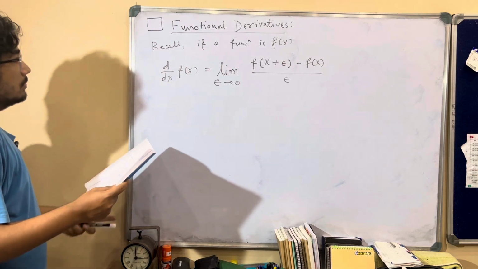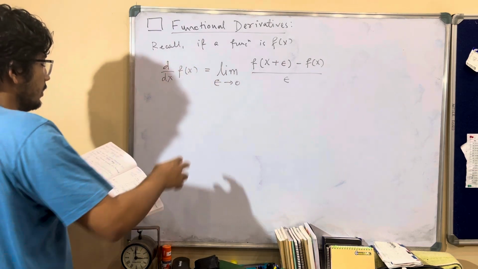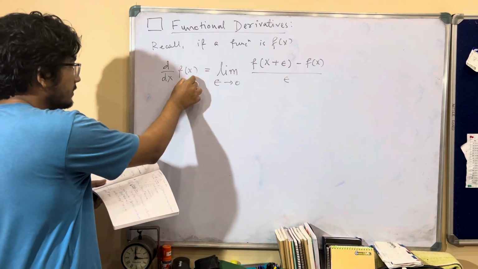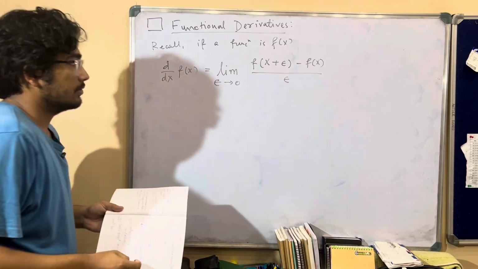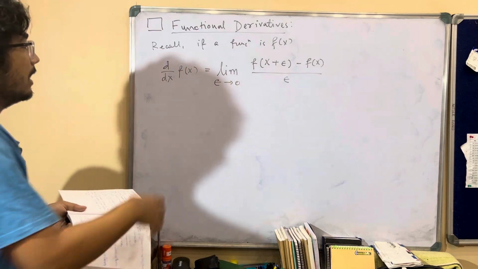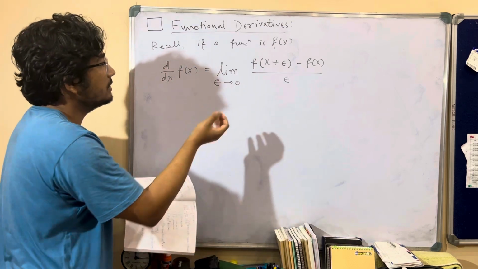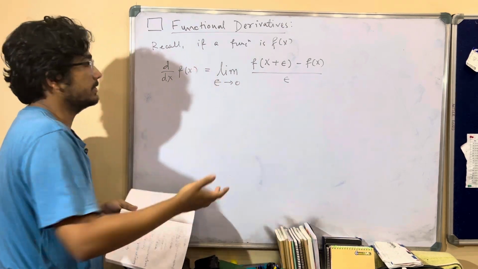So this tells you how the number returned by this function changes if I slightly change x. That is, how the output changes if I slightly change the input. That is what derivatives are.